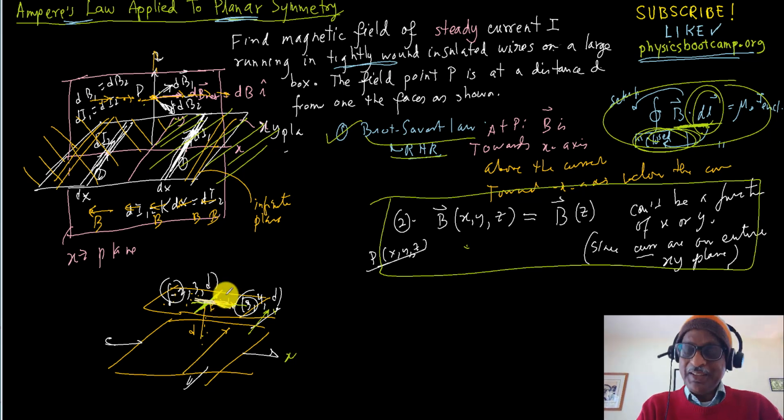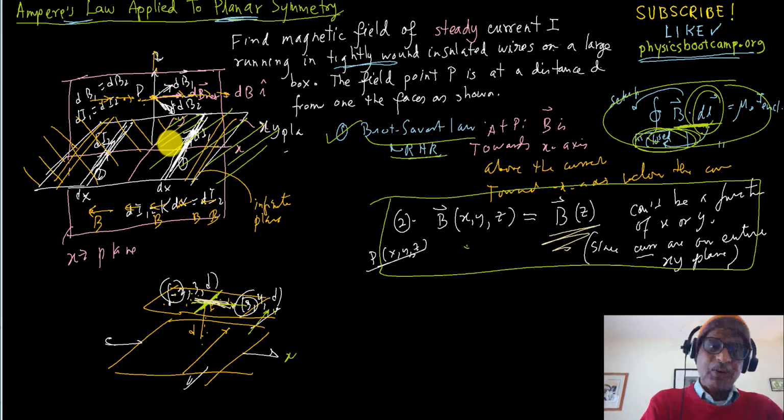Now, a really interesting observation: if I go below this same distance, so this is d, I could go parallel to this. So I could go this way or this way, along the y direction or the x direction.